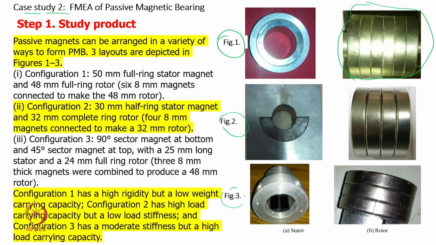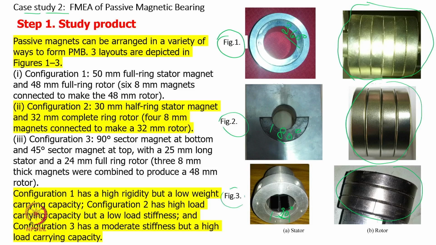In this case there are 6 magnets, in this case 4 magnets, in this case 3 magnets. We are using this kind of magnets on the shaft, while in the case of figure 1 the stator uses a 360-degree arc, that means a full circular or cylindrical magnet, while in configuration 2 we use a 180-degree arc, and in the last one only a 90-degree arc.